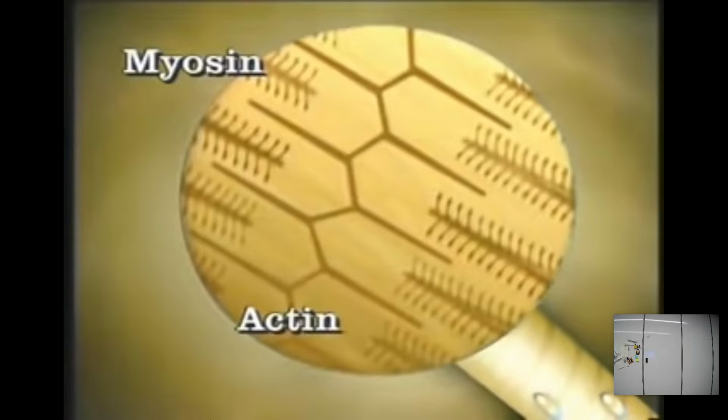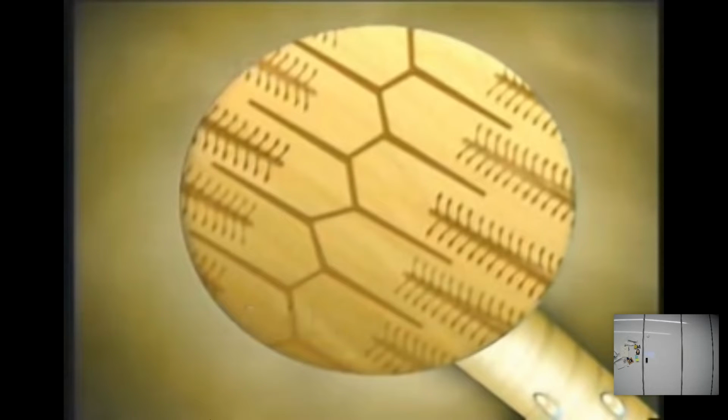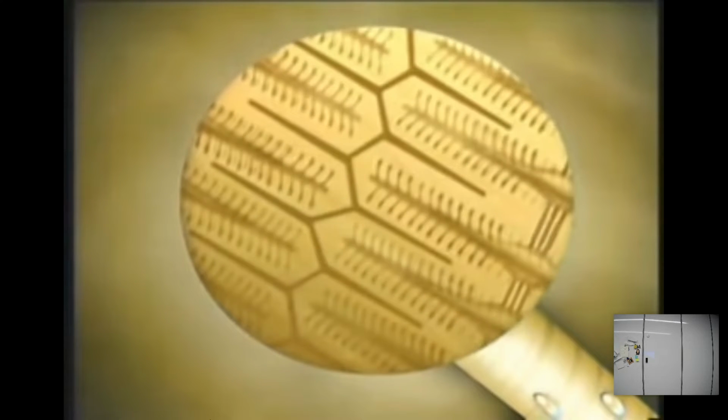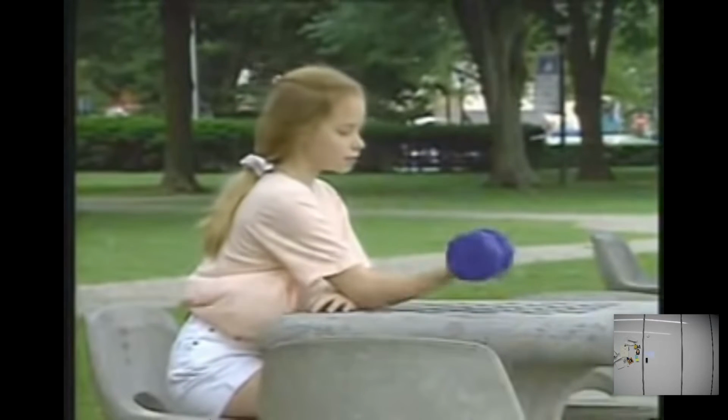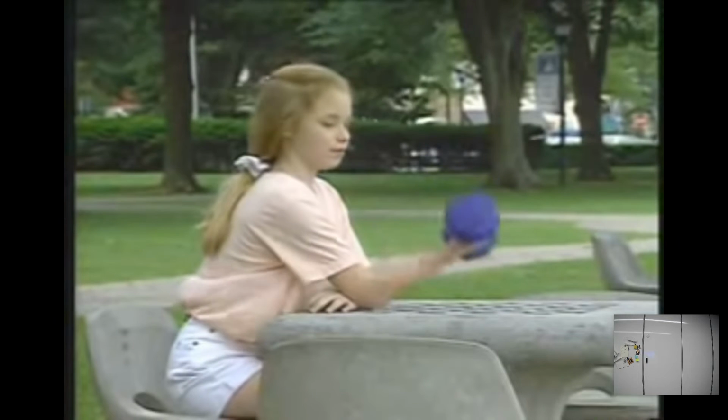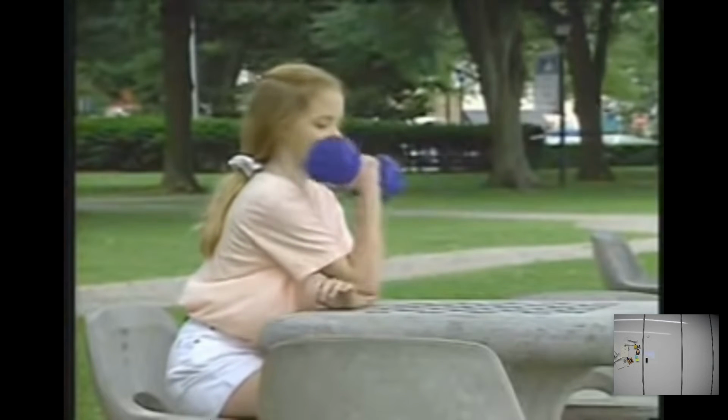A closer look at the actin and myosin shows how they can slide over each other, making it possible for a muscle cell to contract and expand. Thousands of muscle cells contract and expand together, making it possible to move an arm or leg.